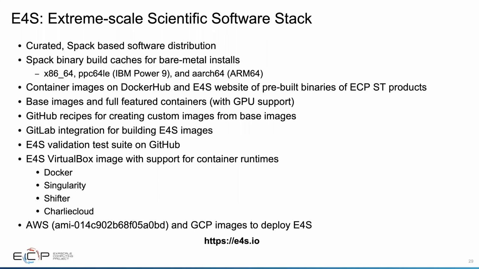We have base images as well as full-featured containers, and these have support for GPU runtimes. You can pick a full-featured release which has all these different products, or you can pick a base image, just a plain Ubuntu image for your custom images, or you can pick an image which has GPU support from one of the 3 vendors. We also have recipes on how you can create these custom images from the base images.